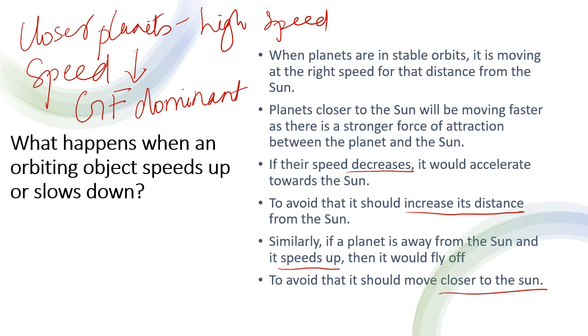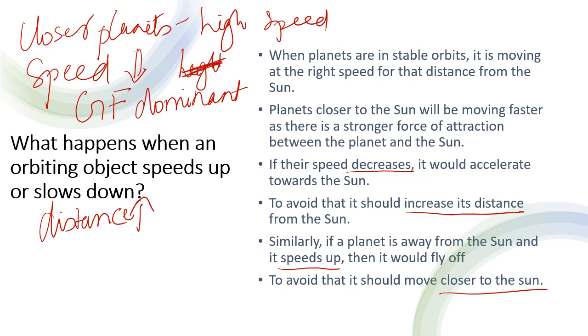So if the speed is decreasing, then automatically they should readjust their distance. I think distance is a better word than height. So if speed decreases, then distance would increase. Because they already have a high speed, when the speed decreases, they have to increase the distance so that there is still a balance.